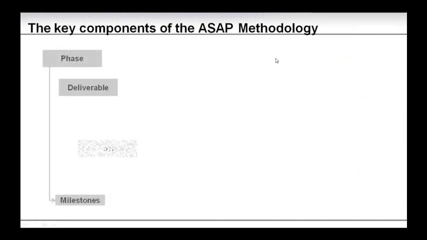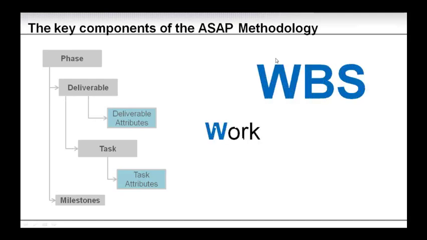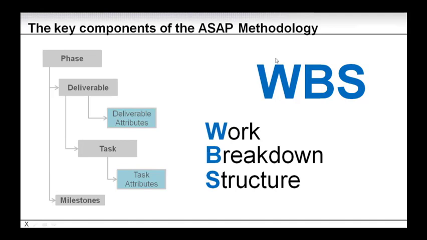So let's first look at the key components of the ASAP methodology. And the key component is really the work breakdown structure. So the WBS, work breakdown structure, is the main component of the ASAP methodology. It has a level where we start with the phase.